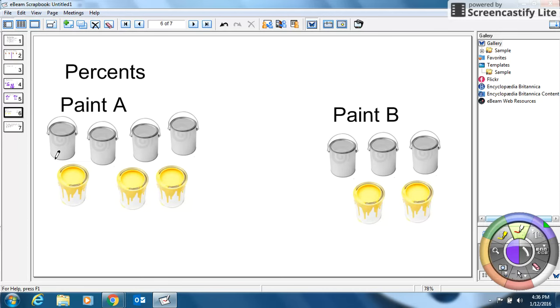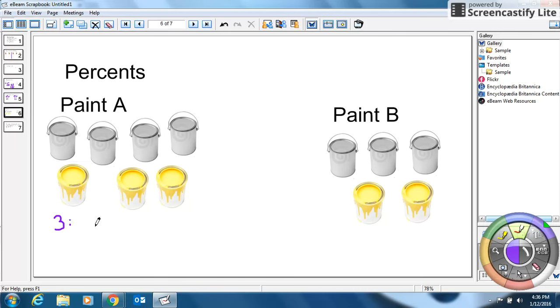So how can we do this, figuring out percents with ratios? What we're going to do is a part to whole ratio. We learned that in a couple previous videos. So part to whole, we're going to figure out how much yellow to the entire paint mixture. So in paint A, there is 3 cans of yellow to the whole group.